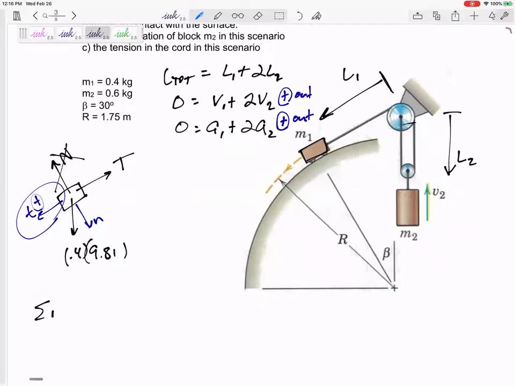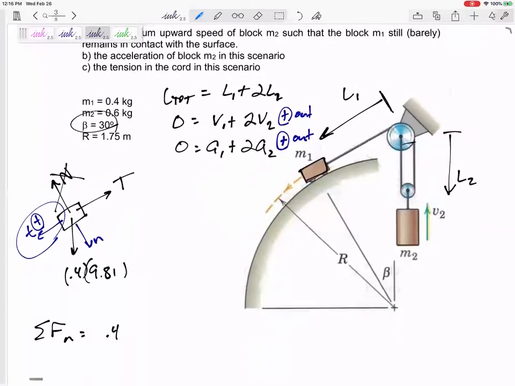Okay, so summing the forces in the normal direction. Beta is 30 degrees, and this angle is also 30 degrees.